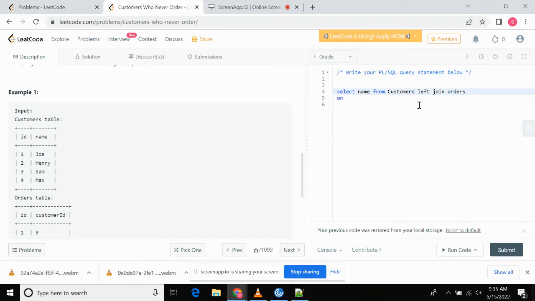Let's put this as an alias C and order as O. Then we have to specify the joining condition, which is C dot ID is equal to O dot customer ID. So if you run this particular query, you will get all the records that are present in customer and all the non-matching records as well.